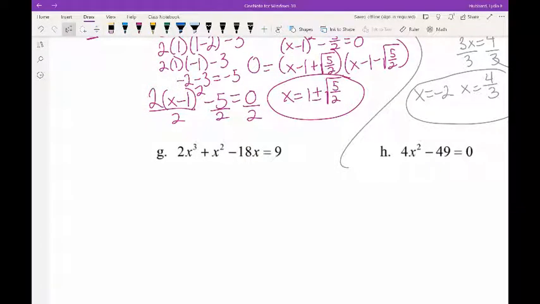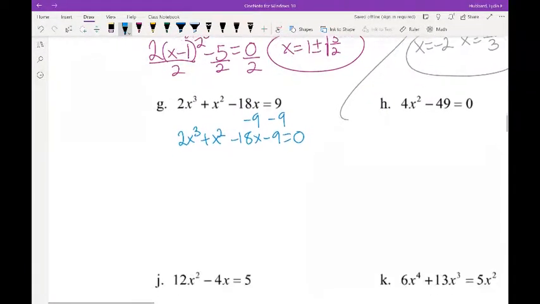So again, this is not set equal to 0, so we want to get it set equal to 0 first. So we'll subtract 9 from both sides. So we'll get 2x to the third plus x squared minus 18x minus 9 equals 0. Again, we'll check for a greatest common factor, but we actually don't have one here.